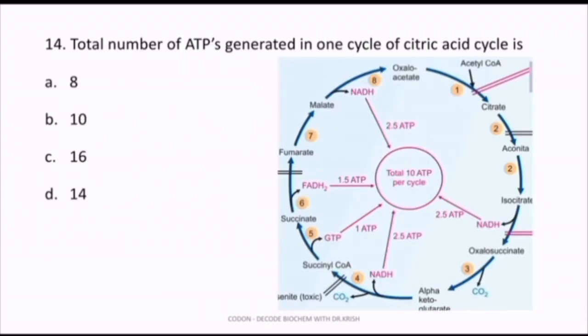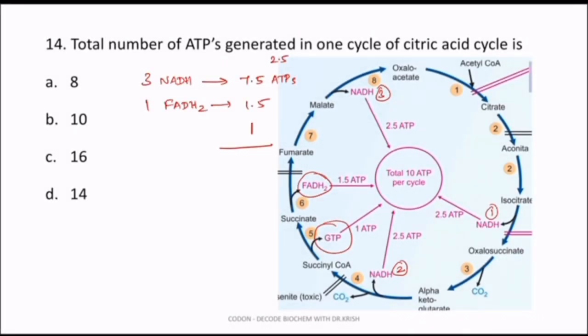The total number of ATPs generated in one cycle of the TCA cycle. For this you should know how many NADH or reducing equivalents are produced in one cycle and how many ATPs are produced. In this cycle we have one NADH here, one here and one here, so there are 3 NADH. One NADH gives 2.5 ATPs, so 3 NADH give 7.5 ATPs.